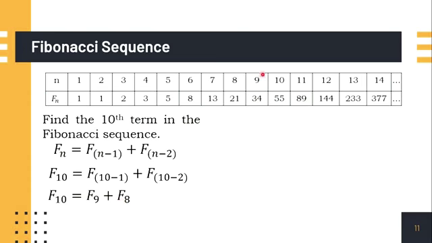Ito yon. Now, ano yung value niya? Yung F sub 9 niya, that is 34. Yung F sub 8 naman, that is 21. So 34 plus 21, that is 55. Ibig sabihin, this is the 10th term sa Fibonacci sequence natin, or sa Fibonacci numbers natin. So yung F sub 10, that is equal to 55.